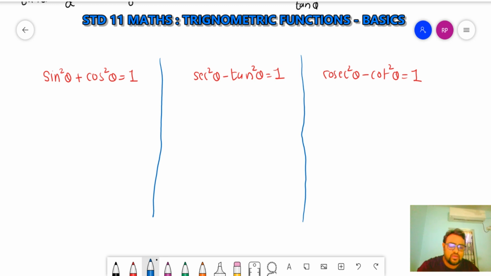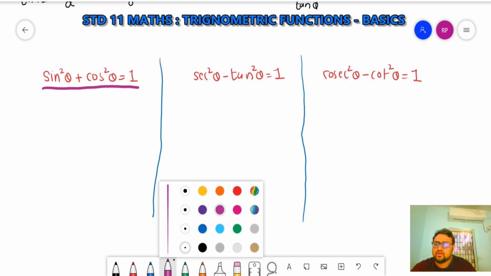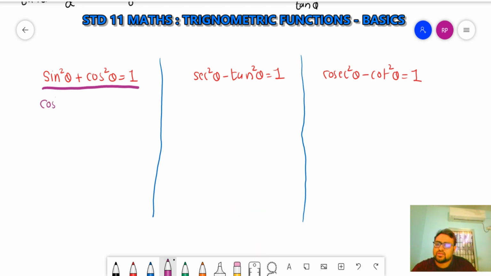So now how can we use these in different ways? I can use this first: cos square theta will be equal to 1 minus sin square theta, or cos theta will be equal to square root of 1 minus sin square theta.